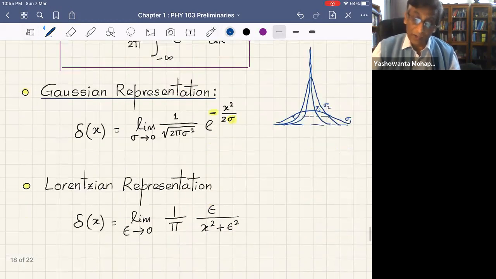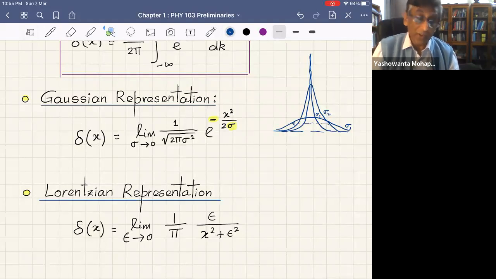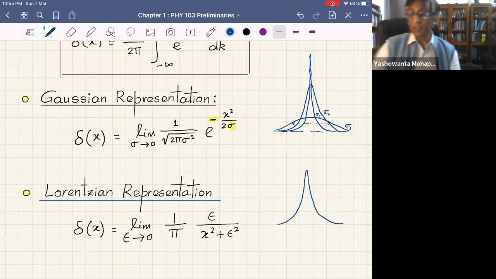There is also a Lorentzian. The Lorentzian shape is a little different, but it is common in optics. In resonance, you must have seen that in mechanics the resonance curve is a Lorentzian.